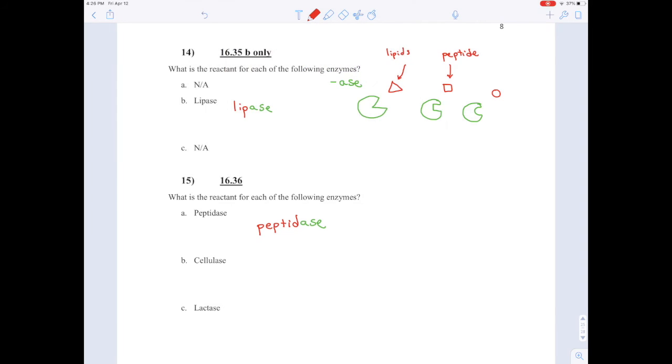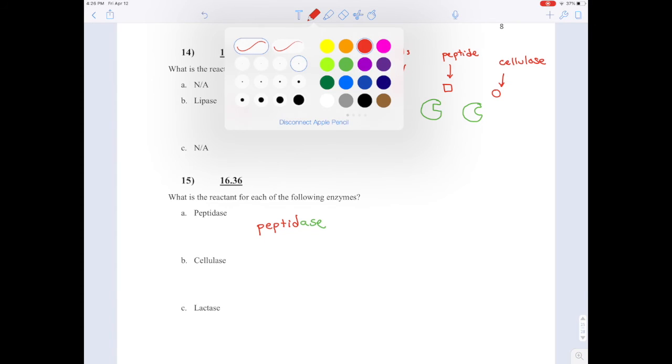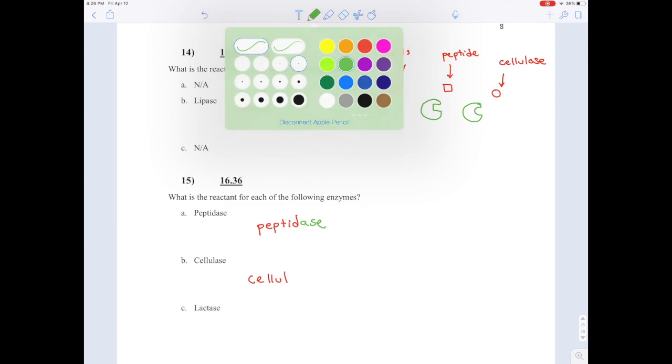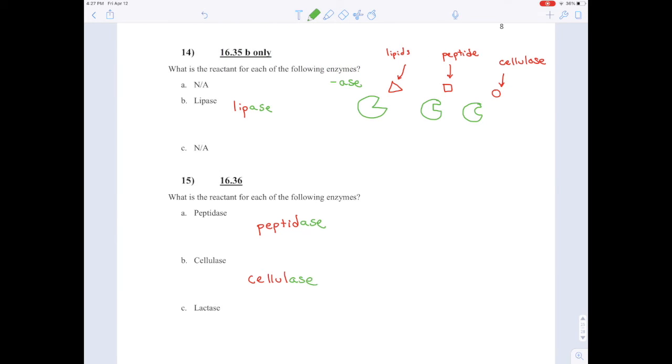If the molecule that an enzyme works on is cellulose, then the enzymes that would chew that up would be "cellul", and then the ending -ase to show that it's an enzyme.